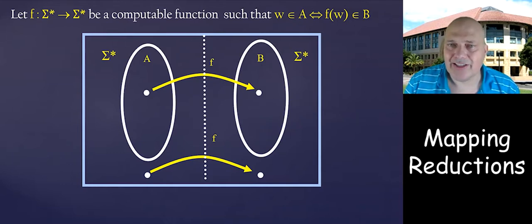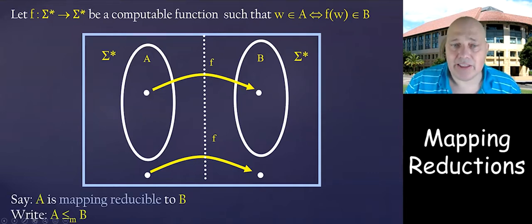You can follow these yellow arrows such that if you start in A, you end up in B, and if you start outside of A, you end up outside of B. So the question of whether the point that you reach is in B or not is exactly the same as the question of whether the original point is in A or not.